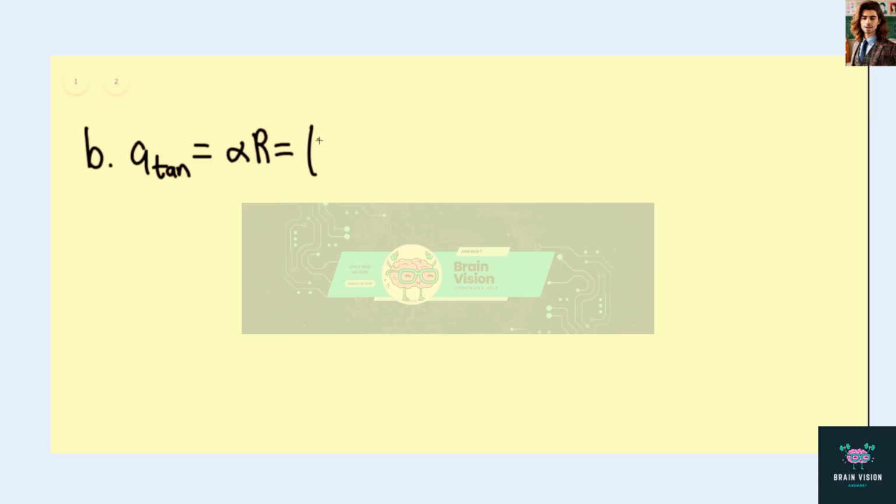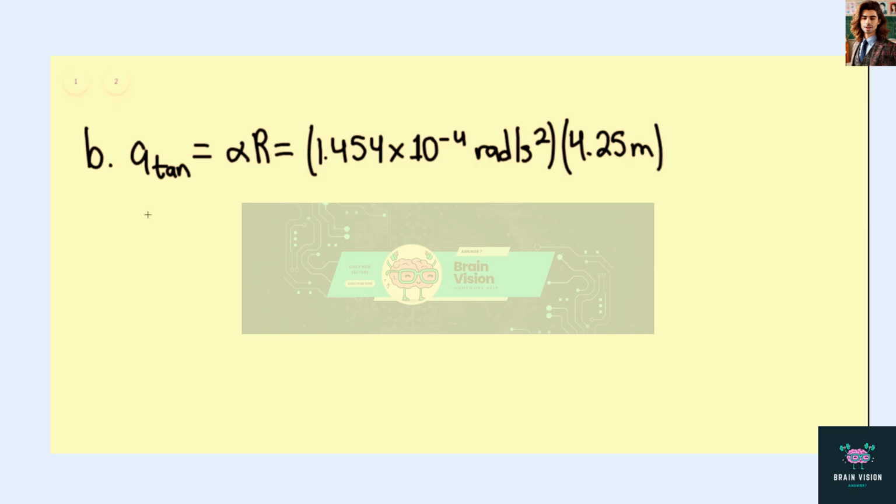So this would be 1.454, we'll round at the very end, times 10 to the -4th radians per second squared, multiplied by 4.25 meters. The tangential acceleration is found to be approximately 6.2 times 10 to the -4th meters per second squared.